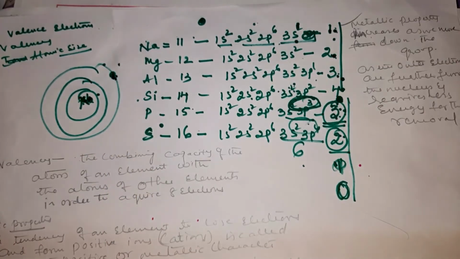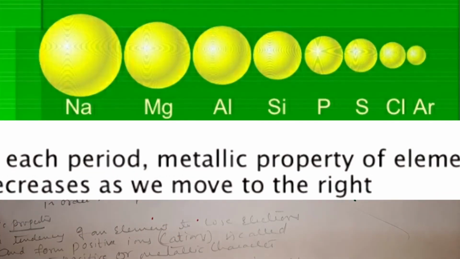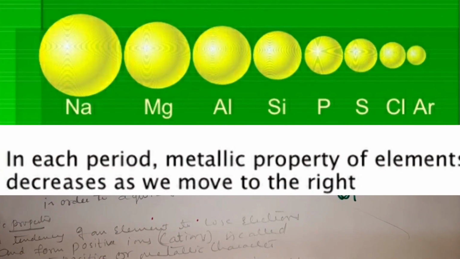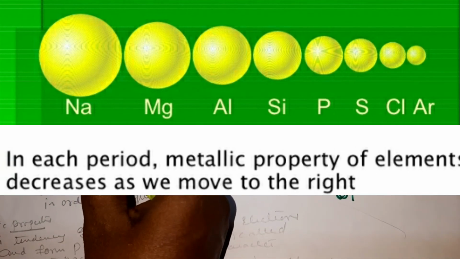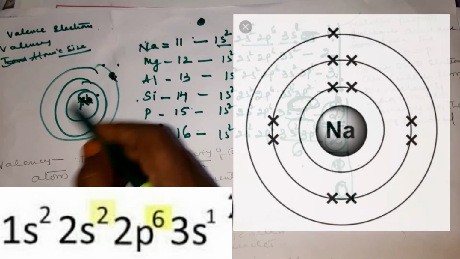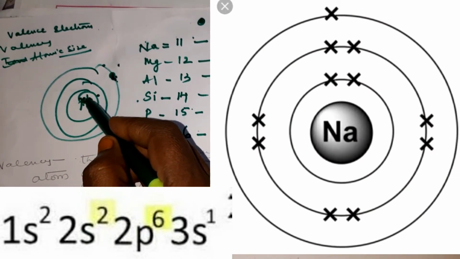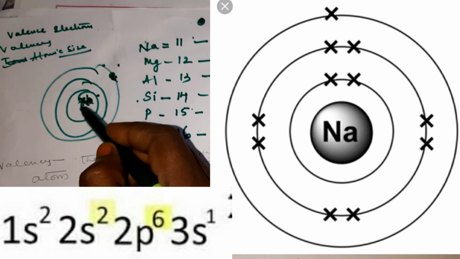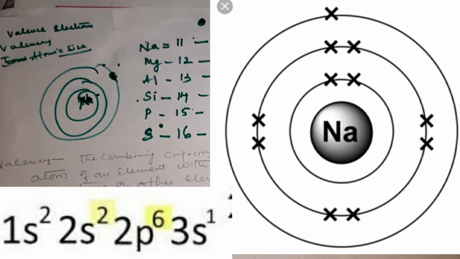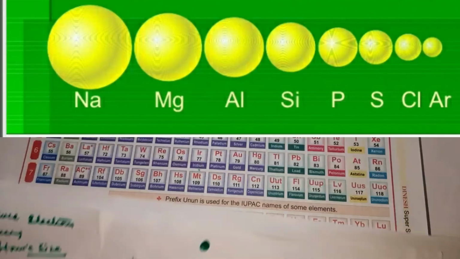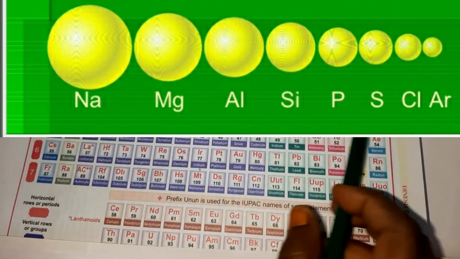Therefore the metallic property decreases as we move from left to right. You all understood, children? The reason is that the outermost electrons are very far from the nucleus, and the attraction between the nucleus and the electrons is very less. Therefore the electrons can be easily lost.